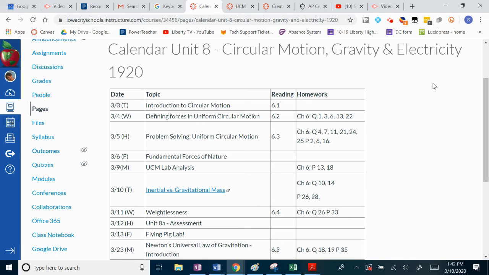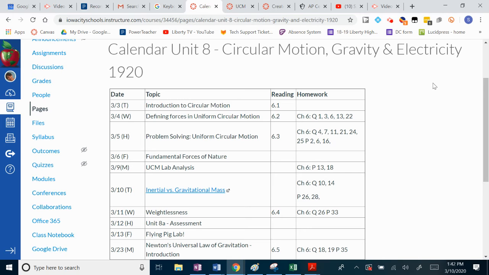I looked over your lab analysis from yesterday, and I did not grade it because I felt like maybe you needed a little bit more work. Fair statement? So here is my deal for you. Okay? It's a two-pronged deal. Inertial versus gravitational mass is just some fact information.